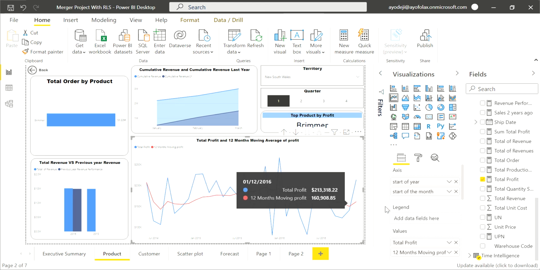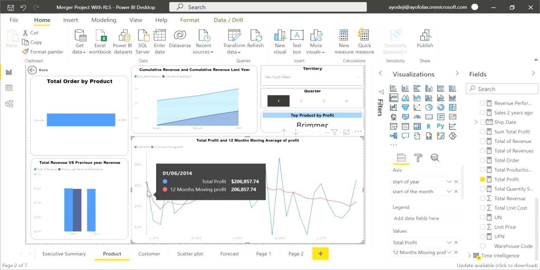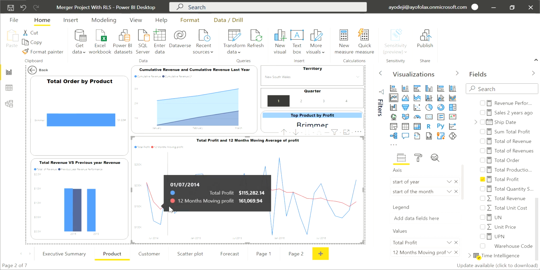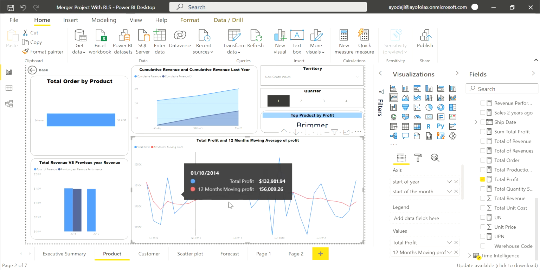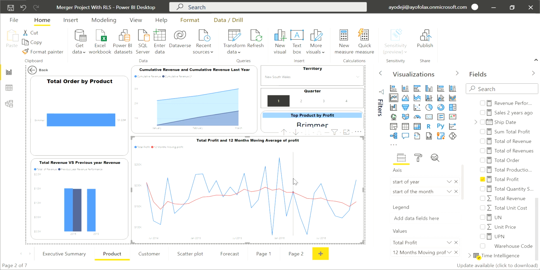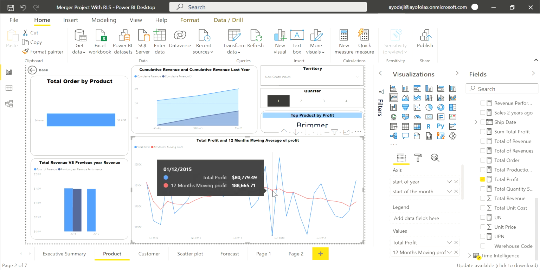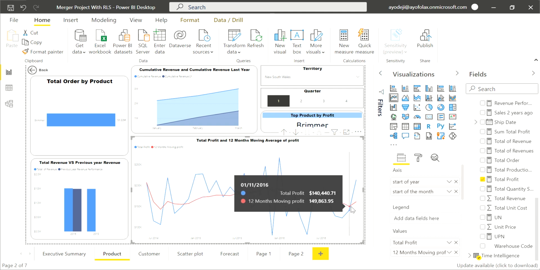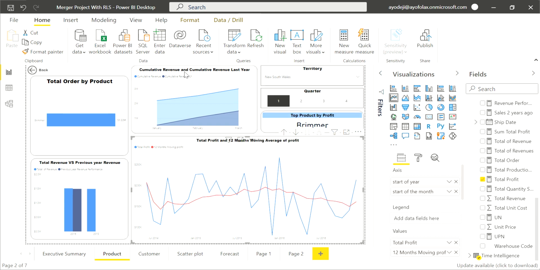This is just the basic overview of this profit. We could see that to a large extent it increases down to early 2016, when it began to fall. Here is the cumulative revenue and the cumulative revenue of last year.